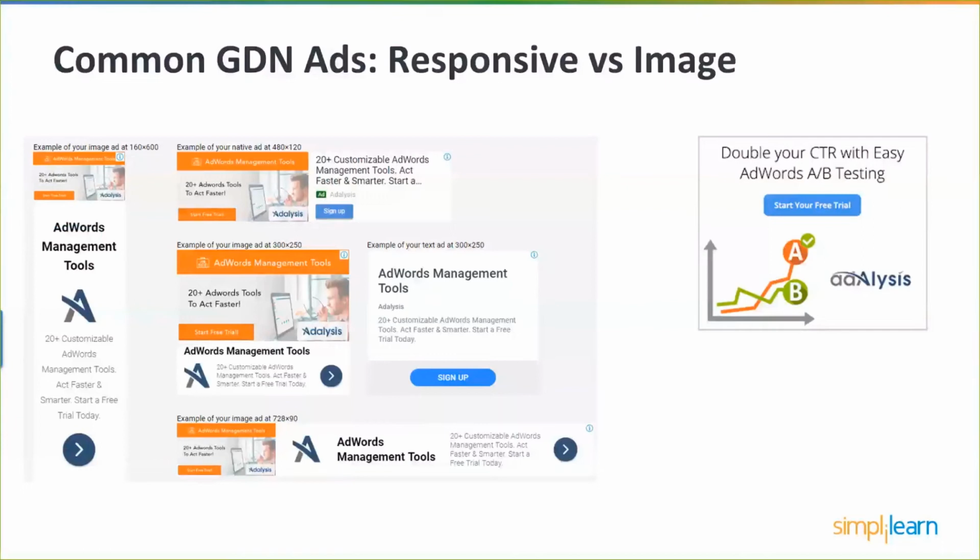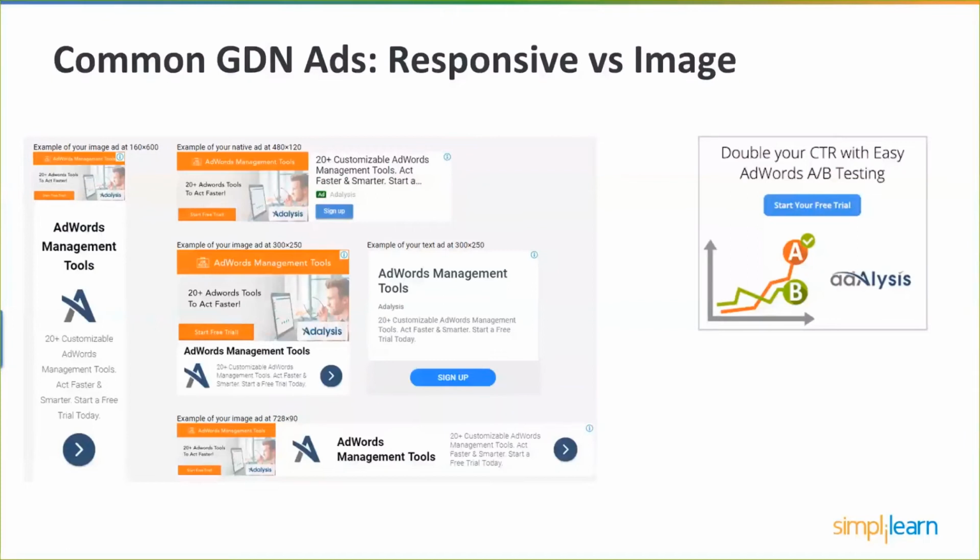It doesn't matter if it's a skyscraper or a banner or a square. Google will render it for you from those assets. Disadvantage, some of the ads don't look that good. Some are only text. There's no image. So you don't have as much brand control over the ad, but it's very easy to essentially have your ad shown in any ad format with very little work.